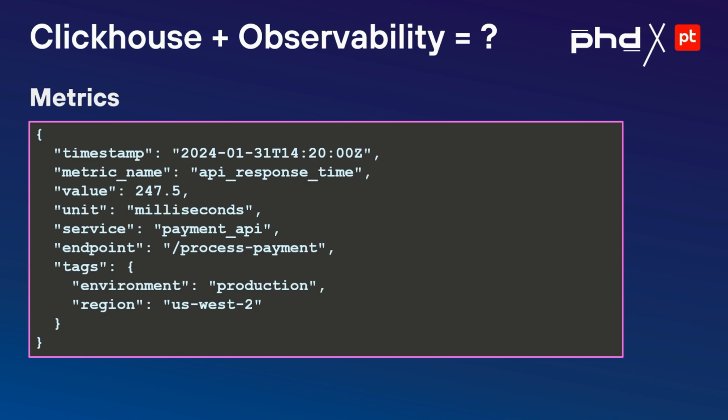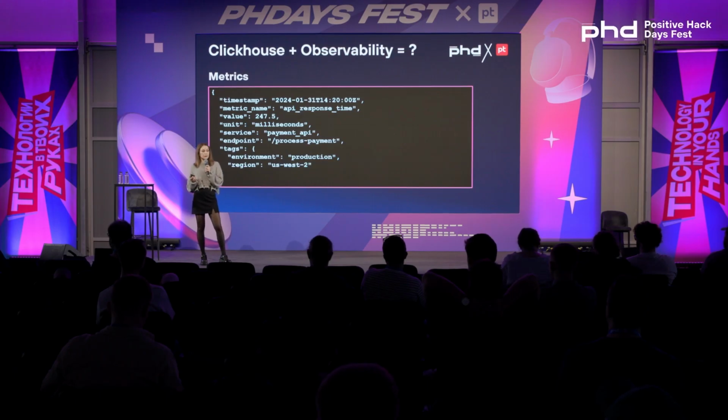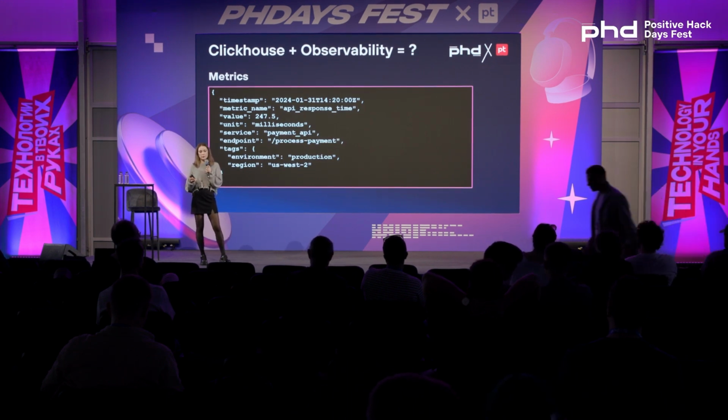Metrics are numerical measurements collected from our system that indicate how it feels. What could be the metrics? Resource utilization, memory utilization, counters, gauges, histograms. When we collect them, if we have historical data in the future, we can understand what is a normal state of the system and what is system degradation, and respond to it.